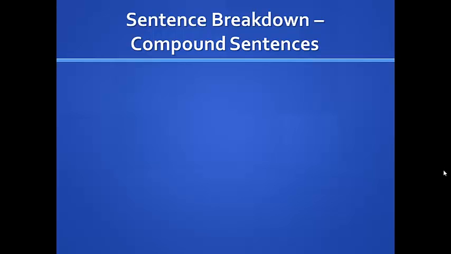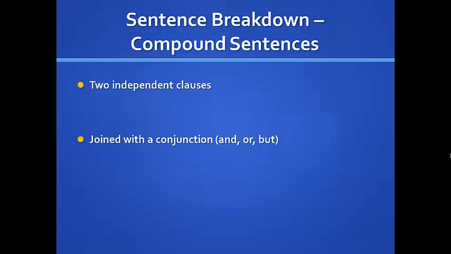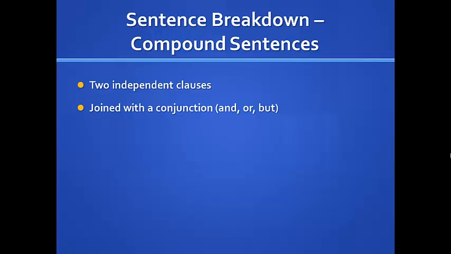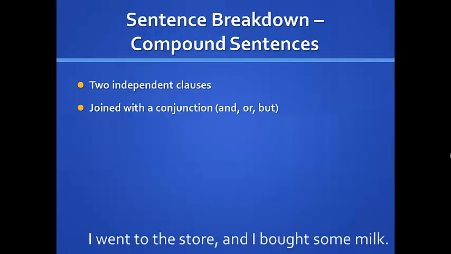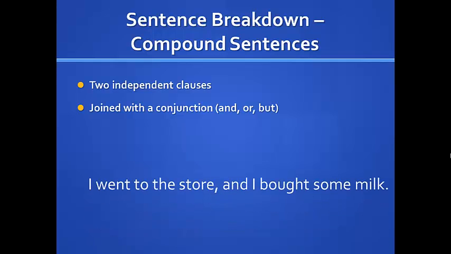Now let's look at the compound sentences. A compound sentence is made up of two independent clauses. And those independent clauses are joined with a conjunction, like and, or, but. So let's add to the sentence from the last slide. I went to the store, and I bought some milk. This is a compound sentence. First, we have the subject I, with the predicate went to the store.